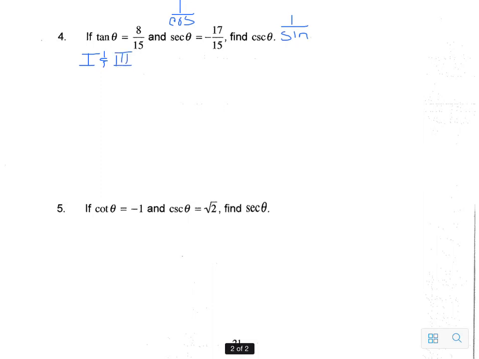Cosine is negative, so secant would then also be negative in quadrants 2 and 3, if I can remember correctly. So they both have 3 in common, so that's where I'm going to draw it, in quadrant 3.